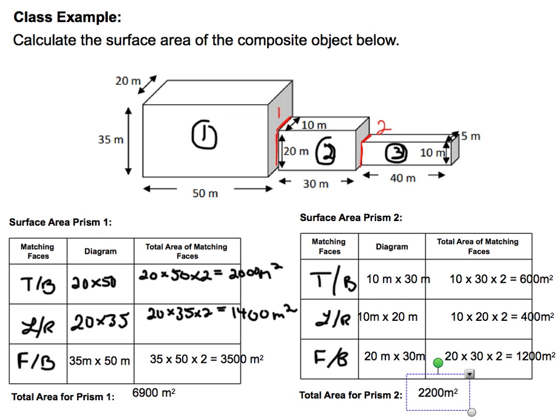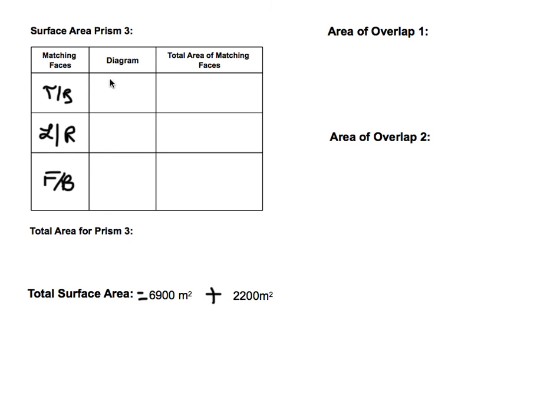So 40 meters by 5 meters. And so you got 40 times 5, which is 200. Holy cow. 200 times 2, which is 400 meters squared.